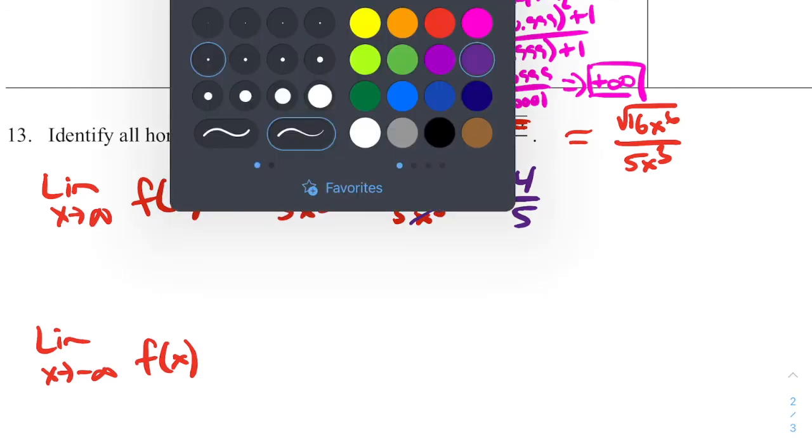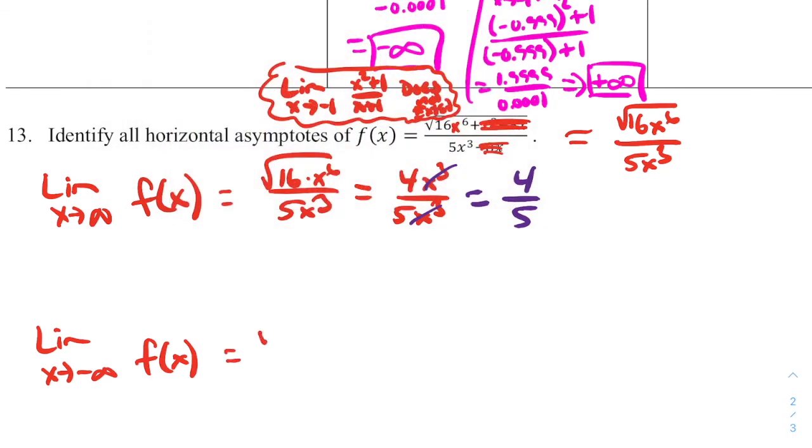But what about when x approaches negative infinity? Well, we still have the same simplification, but we have to recognize that we have this 16x to the 6th divided by 5x to the third. If I take a negative number, going towards negative infinity, and raise it to the 6th power, that's going to make this positive. But if I raise it to the third, the denominator is still going to be negative.